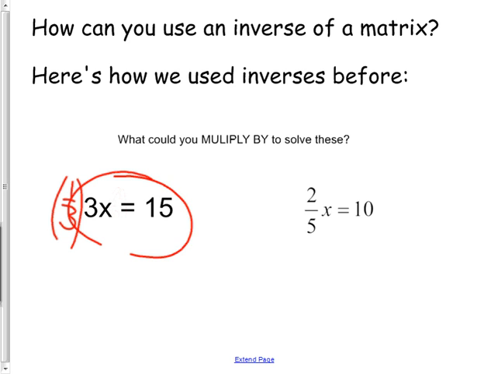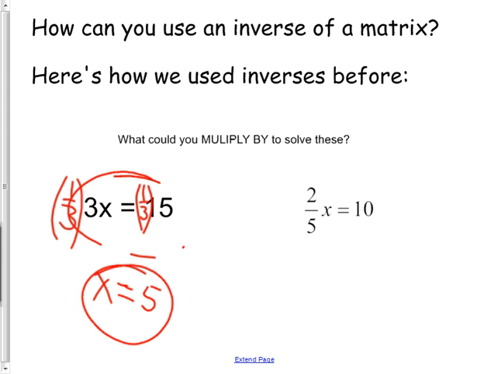But remember, in matrices, the order matters. So I'm going to put multiply by 1/3 in front on both, just to remind you that you can't just assume that you can multiply either way and have it come out the same. In matrices, you have to be more careful than that. Here, I could have multiplied by 1/3 on either side of the 15, and it would have been fine. It comes out to x equals 1/3 of 15. 1/3 times 15 is 5, and therefore, there's my answer, and I used inverses.